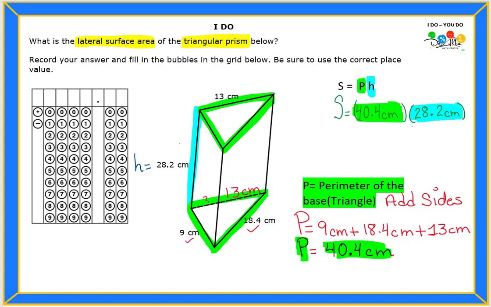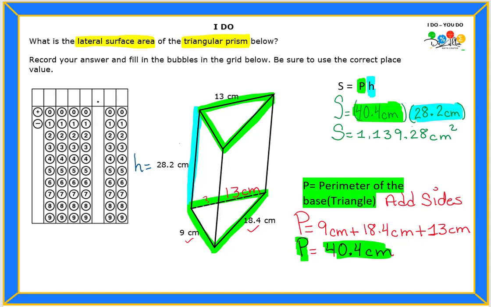All I need to do now is multiply those two numbers. When I multiply, I get 1,139.28. And since we're talking about area, it will be square centimeters.